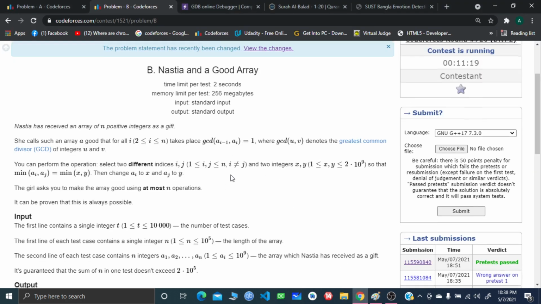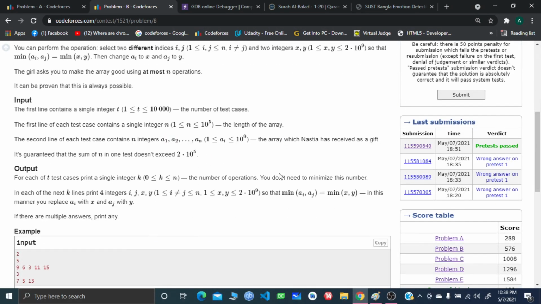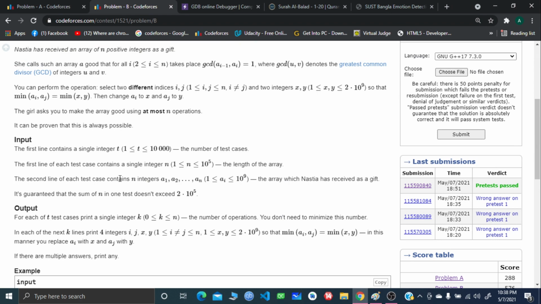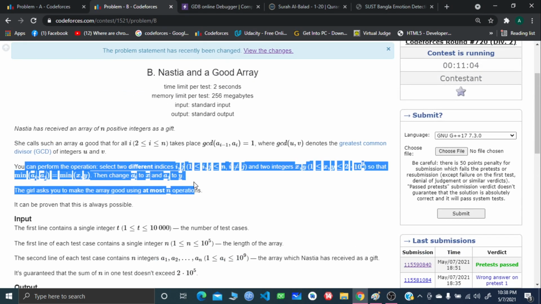And one tricky thing is that if you look at the constraints, the values of each element in the array are up to 10 to the power 9. But the real reason is the operation.